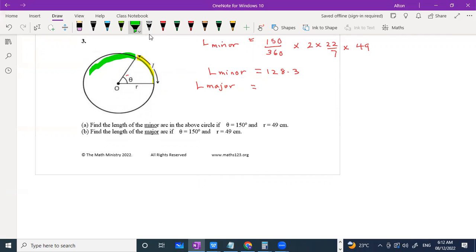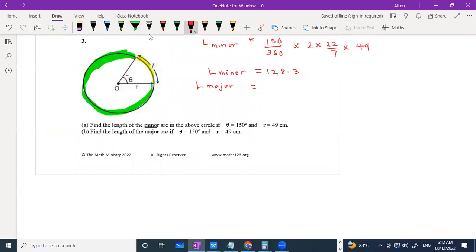So going all the way back here, this distance around in green will represent our major arc.